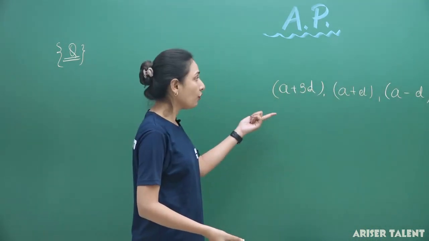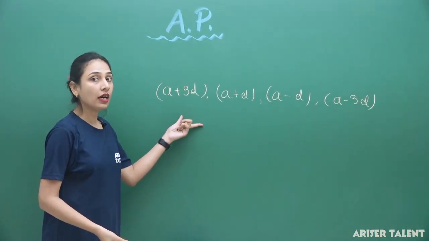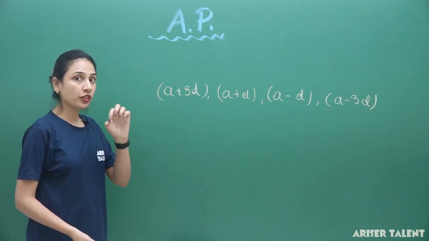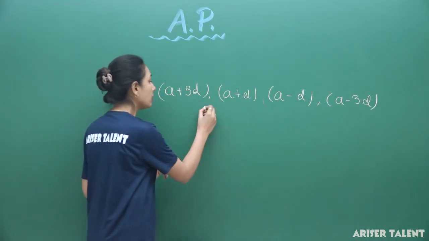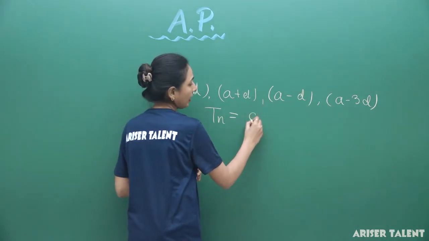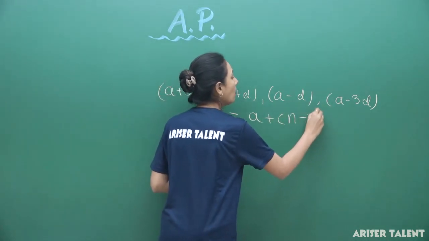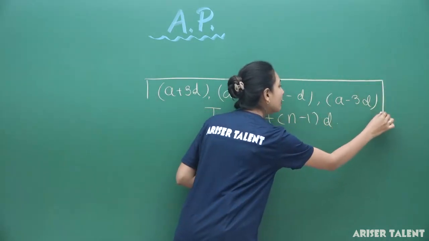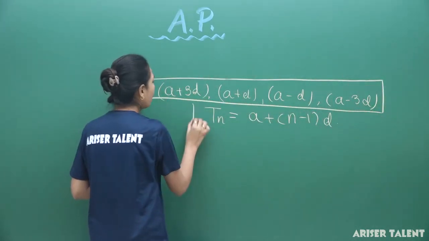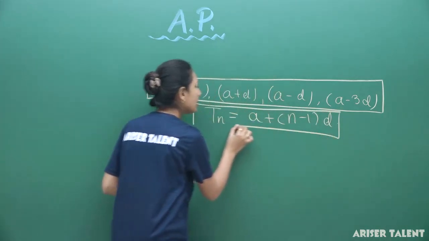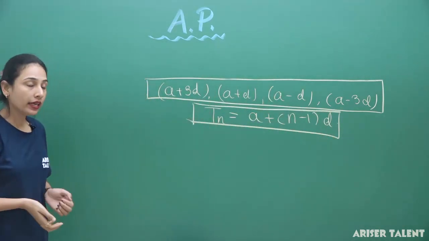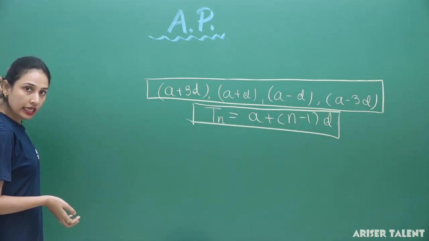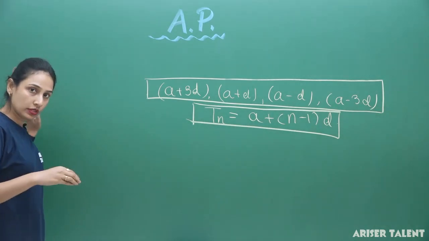These will be the four numbers you will be assuming. And one more thing we will be using here, that the nth term will be a plus (n minus 1)d. These are the formulas and concepts you are very familiar with because we have revised this at least 2 or 3 times in our lecture. So in this question, we will use these things.